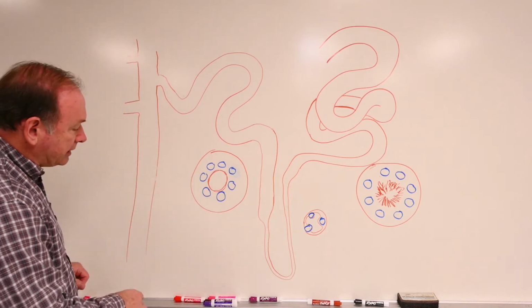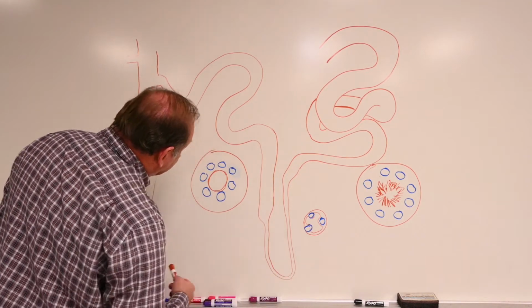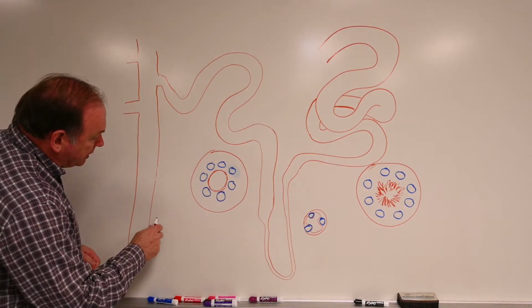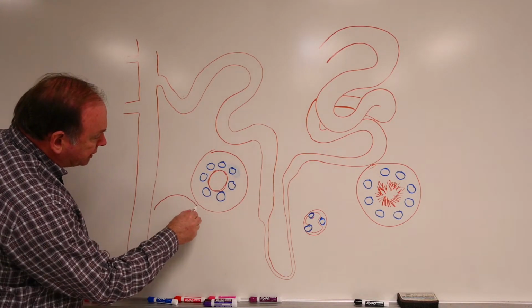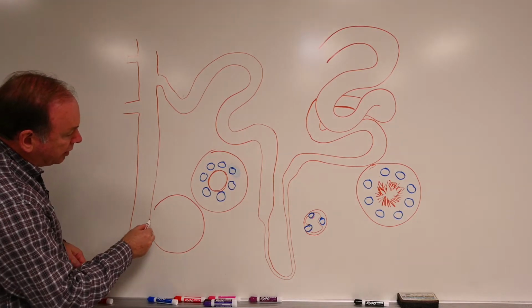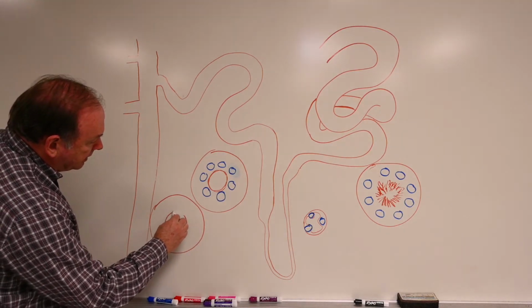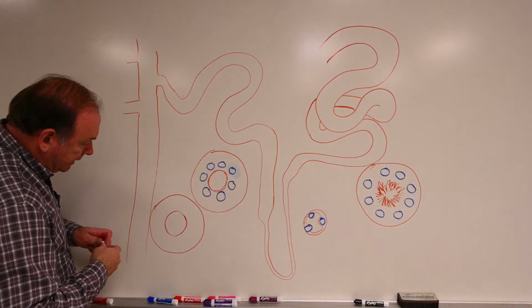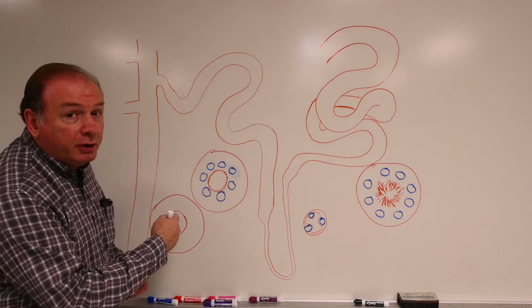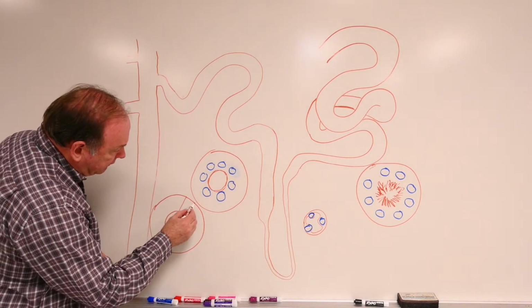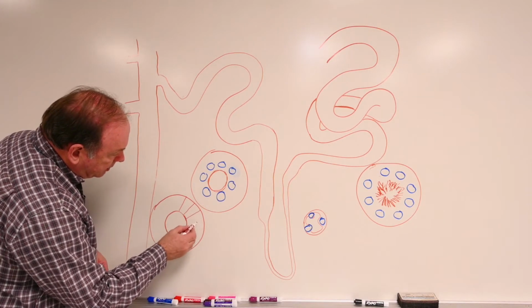When we get to the collecting duct, it consists of a more columnar cell type than what we see in the other portions. And of course it's going to be larger, it's going to be carrying more fluid. So I'll make a collecting duct here. And the margins, those edges of the cells, can be discerned now. So we can see individual cells with straight edges.